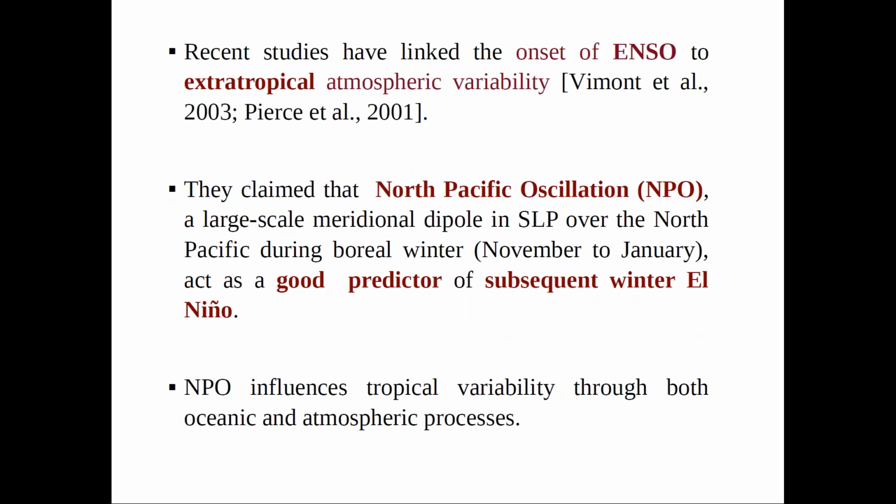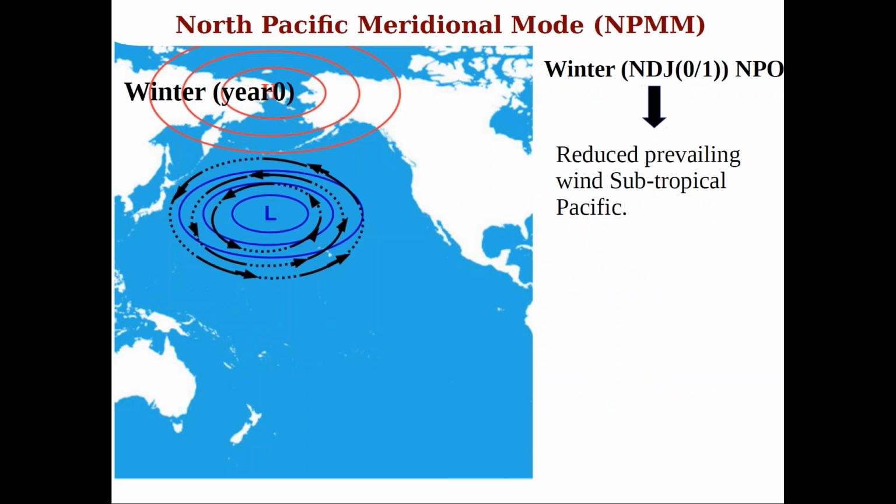North Pacific oscillation is the meridional SLP dipole in the North Pacific. It is mainly prominent in wintertime, mentioned here as the winter of year 0.